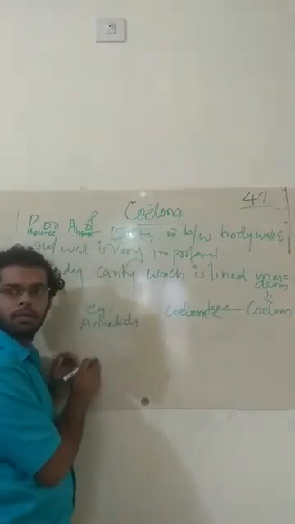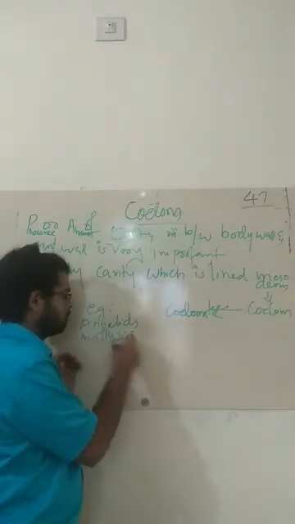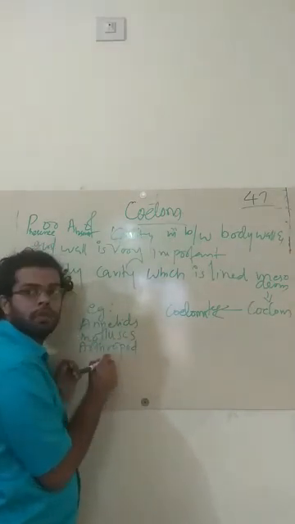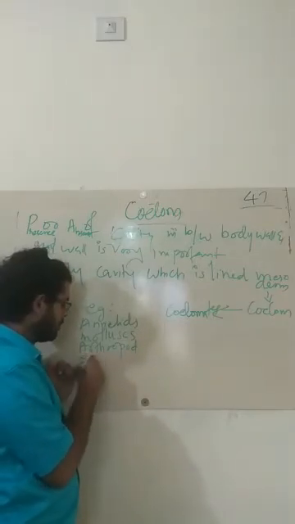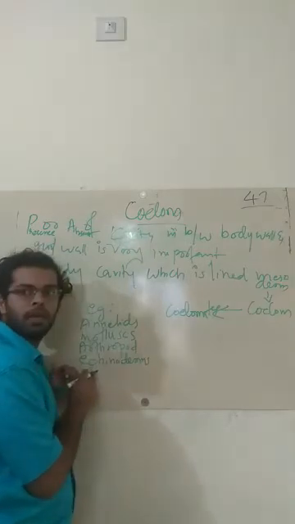Examples for this are annelids, mollusks, arthropods, echinoderms, hemichordates and chordates.